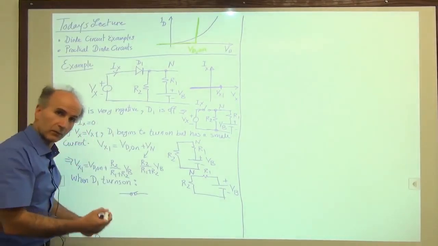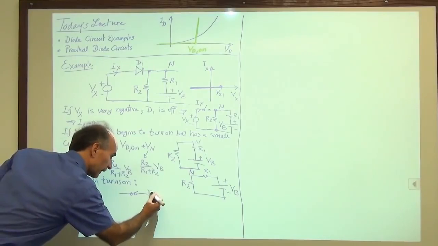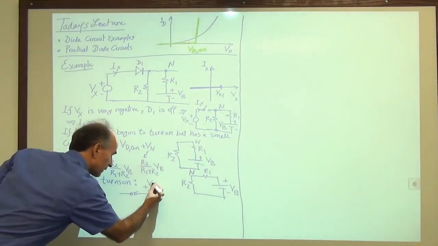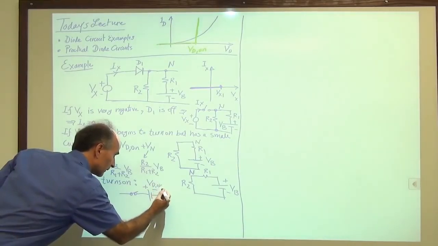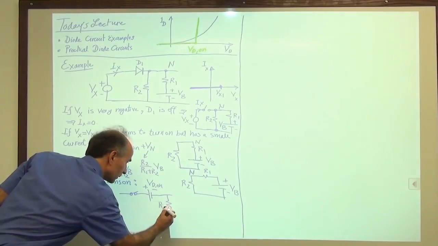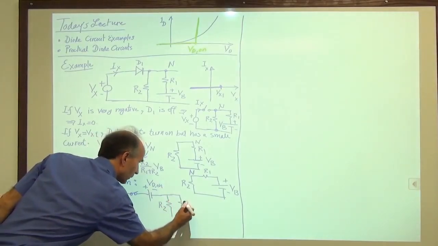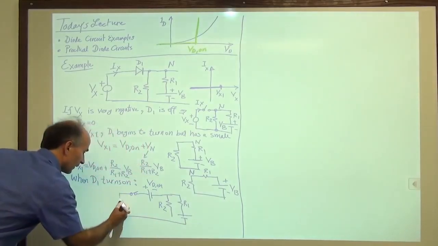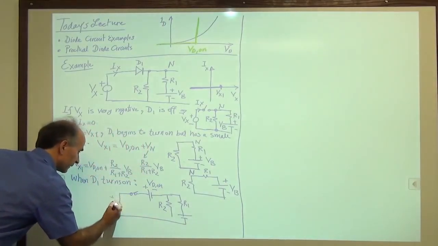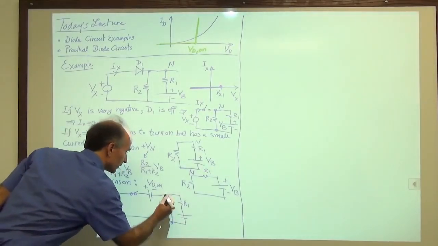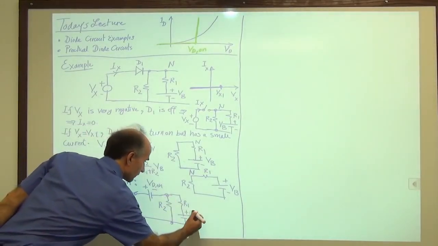It's sort of silly, but anyway. And then we have a battery representing the diode in the constant voltage model. And then we have R2. Then we have R1. Then we have a battery. And then we have the input, Vx, and the battery is VB.